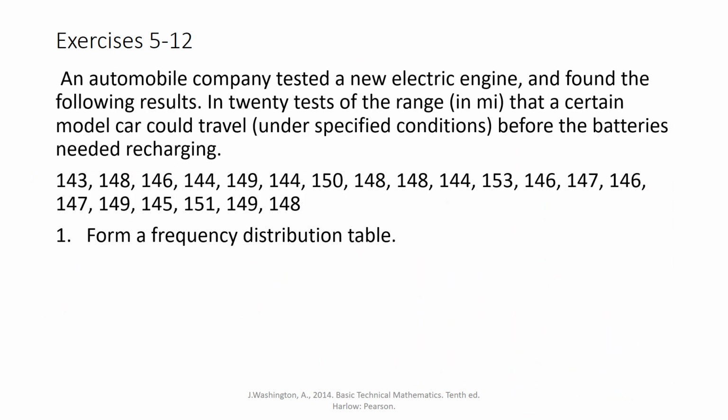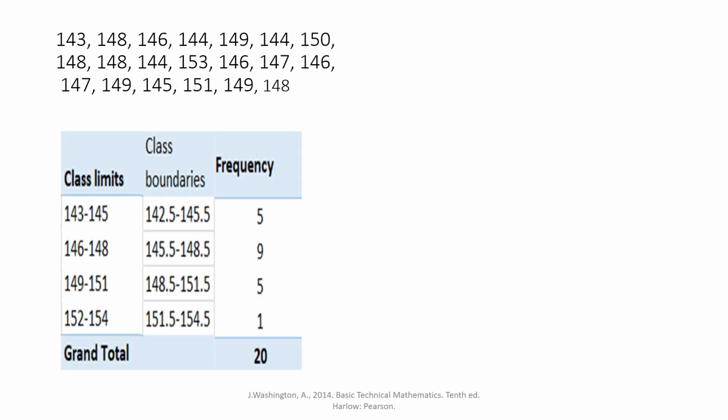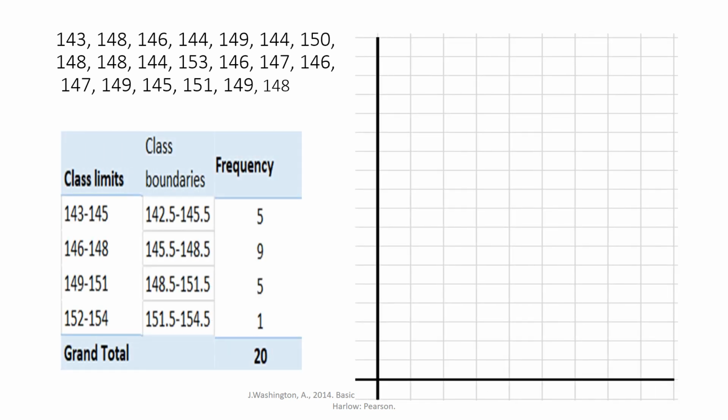Another example: construct a frequency distribution table and then draw a histogram for the data. So here is the data. I have done the class frequency. The gap between them is 1, so 1 divided by 2 is 0.5 again.